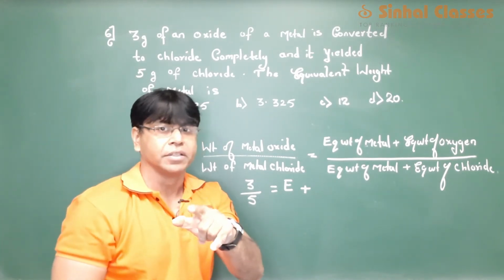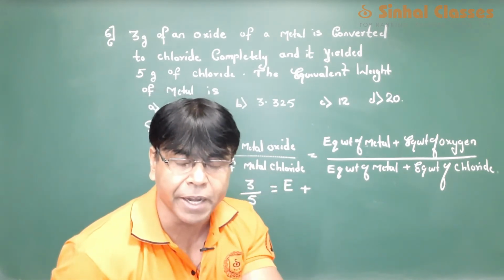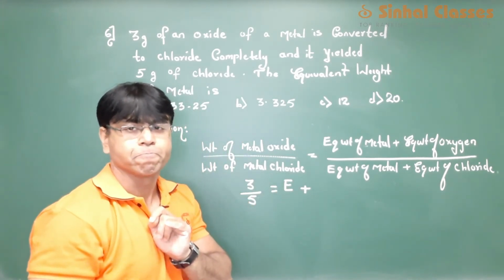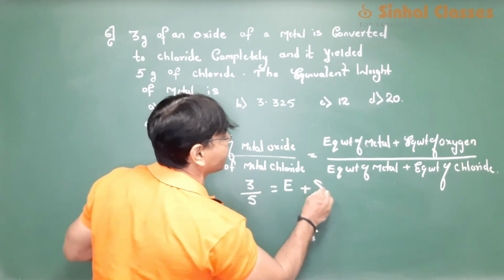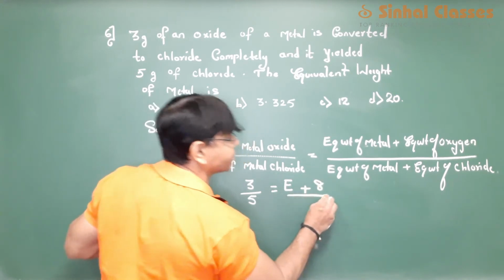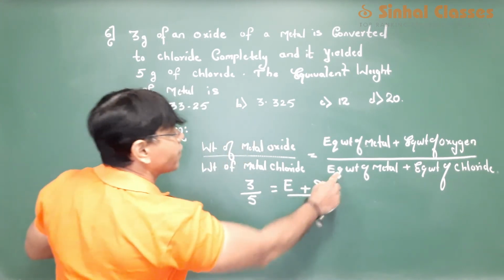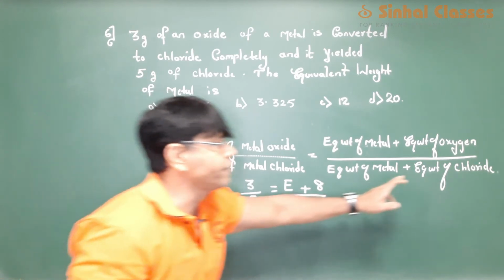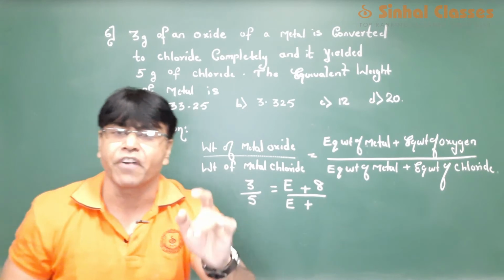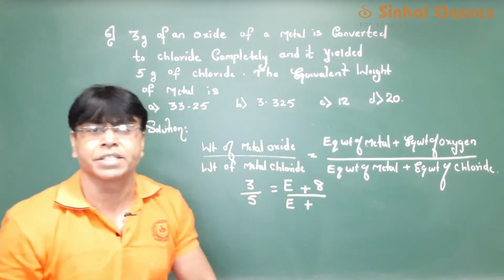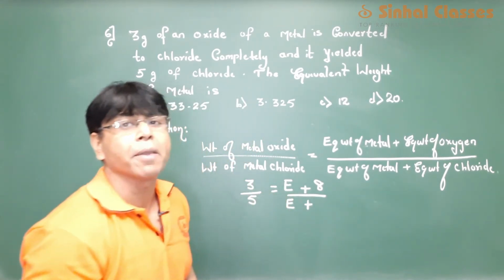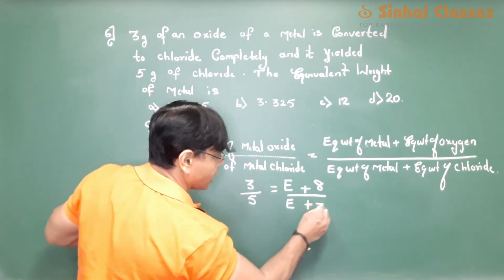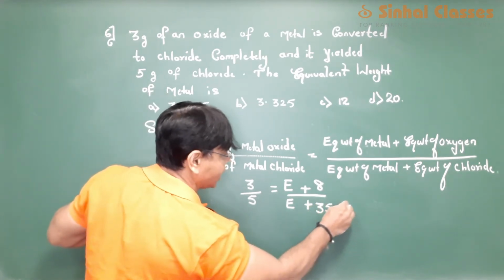How did you get it? 16 divided by 2 for oxygen, so it will be 8. Equivalent weight of metal I don't know, so let it be E. Equivalent weight of chloride is 35.5 divided by the valency 1, so 35.5.